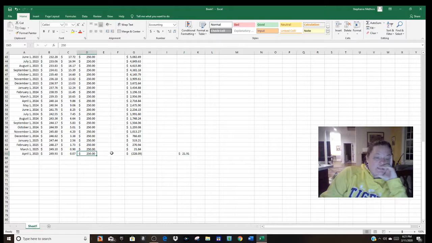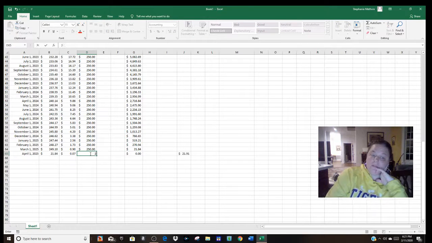So what that tells me is that my last payment should be $21.91, and so in April, when I make my last payment, instead of sending them $250, I need to send them $21.91. My balance was only $21.84, so if I send them $21.84, look what's going to happen.